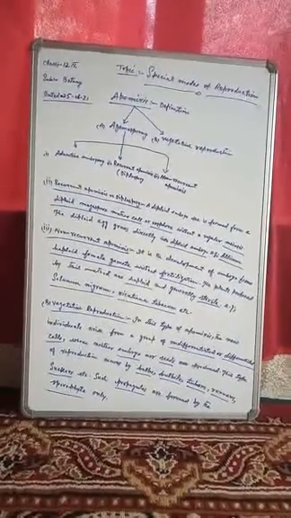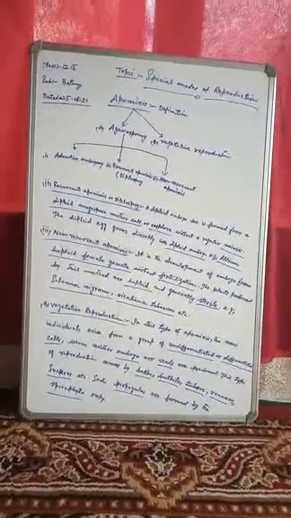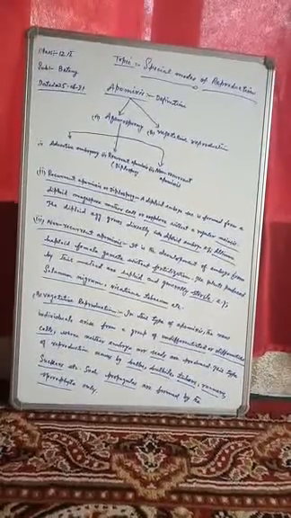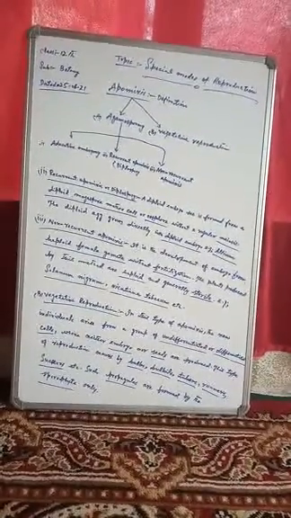One is agamospermy, and the other is vegetative reproduction. After that, we defined agamospermy also, and we saw that agamospermy has three types: one is adventive embryony, second is recurrent apomixis or diplospory, and third is non-recurrent apomixis.